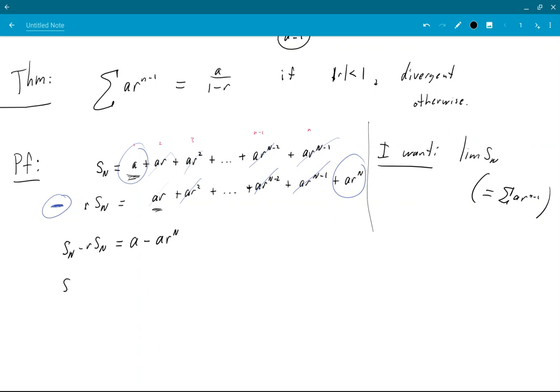On the left-hand side, I can factor out Sn, and I get Sn times (1 minus r) is equal to a minus ar^n. So Sn is equal to (a minus ar^n) over (1 minus r).